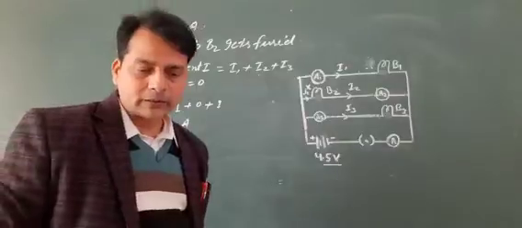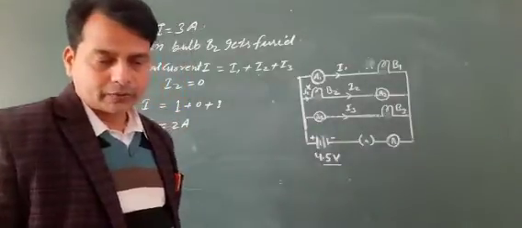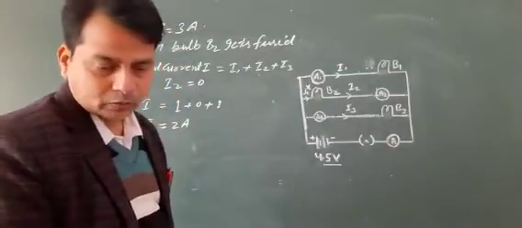How much power is dissipated in the circuit when all 3 bulbs glow together?